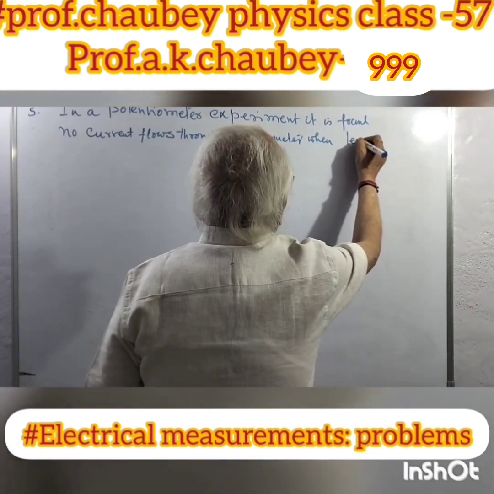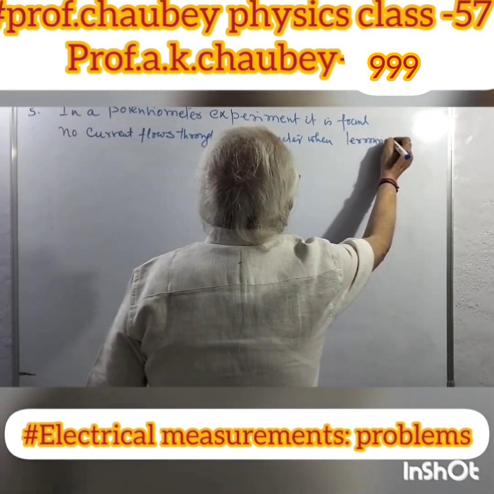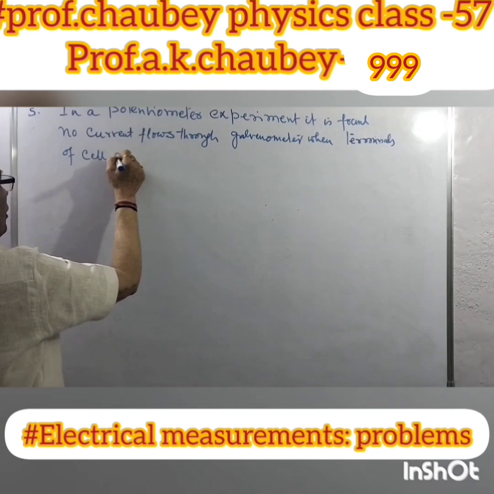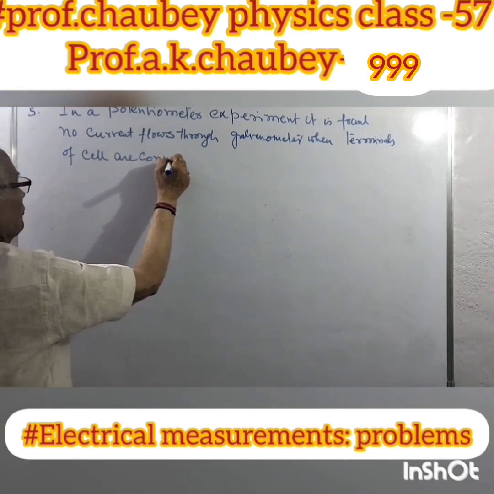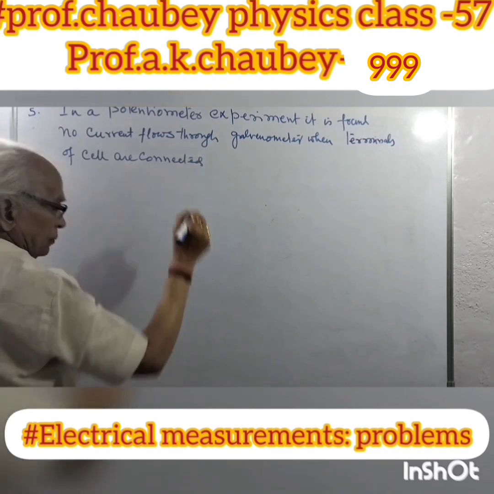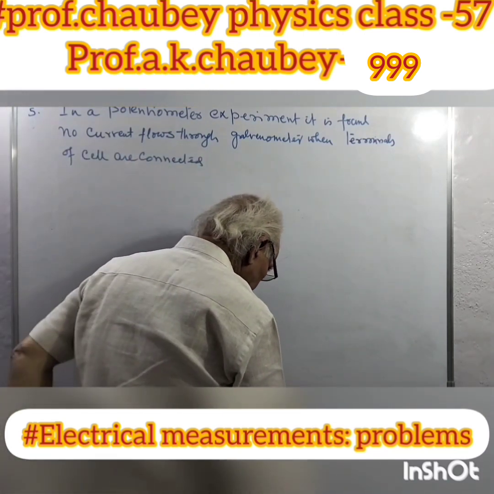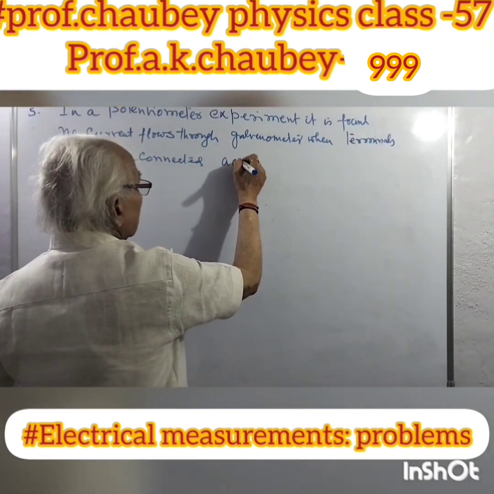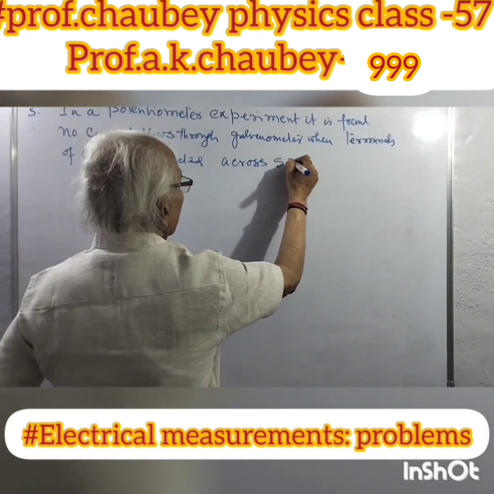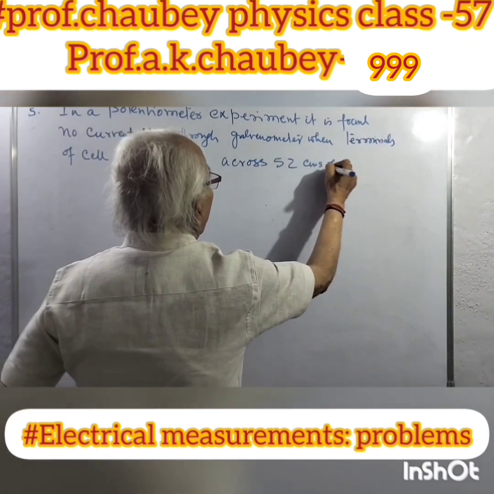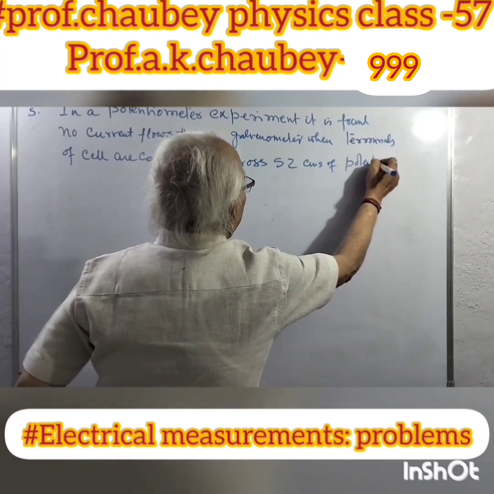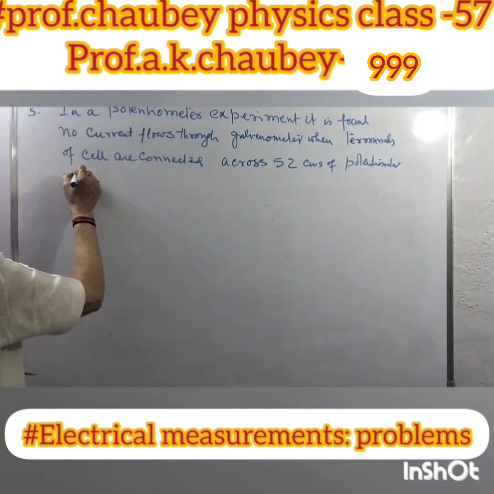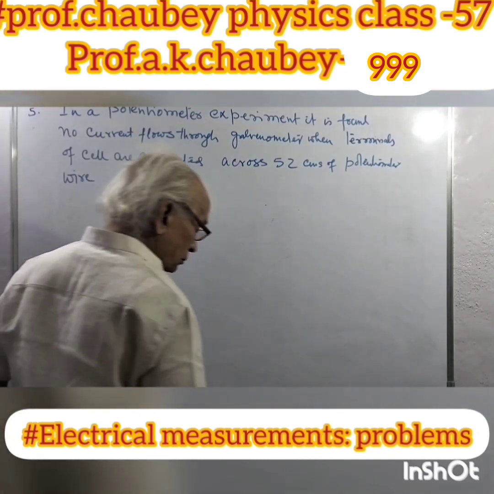When terminals of the cell are connected across 52 centimeters of potentiometer wire, this is the connection.